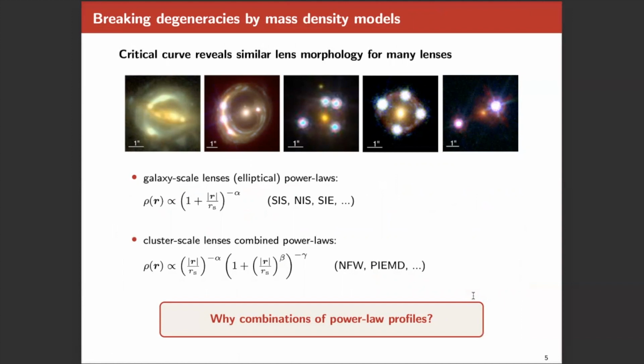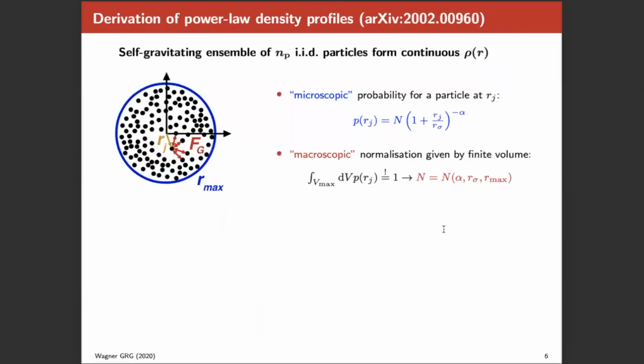And here we find that power law profiles seem to work very well on galaxy scale and even on galaxy cluster scale. There seems to be a conspiracy for universal mass density models. Why is it combinations of power law profiles which seem to fit so well here? This is a question that can actually be answered very trivially, as I recently found out in this work.